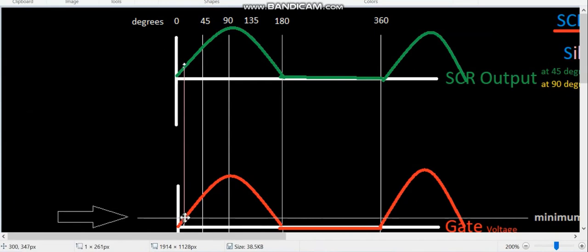The current is too low to turn that gate on. We need a certain amount of gate current, right? So that current is not enough to fire the SCR, which means we're not getting any conduction at that point over here. That would be gone.